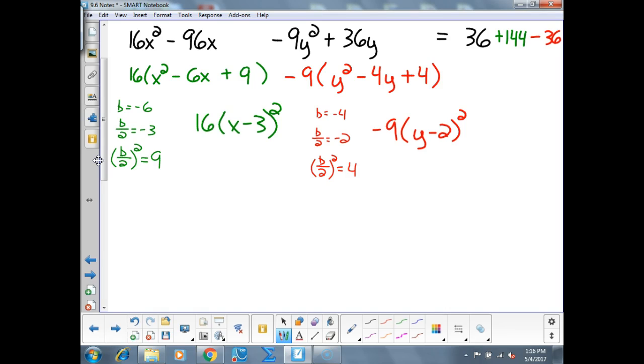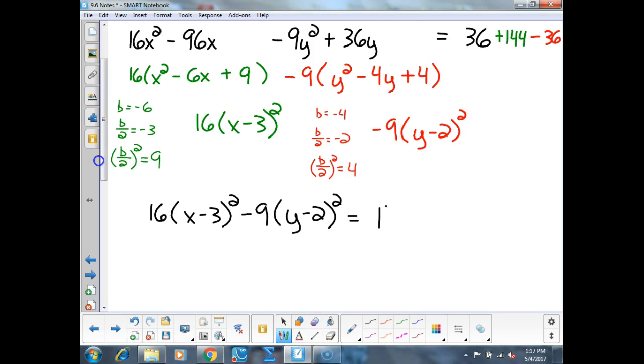Put it all together, and you've got 16 times the quantity x minus 3 squared minus 9 times the quantity y minus 2 squared equals 36 plus 144 minus 36 is 144. Do I look like my standard form of a hyperbola yet?